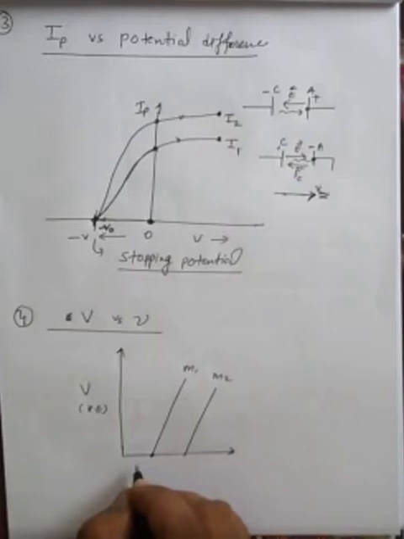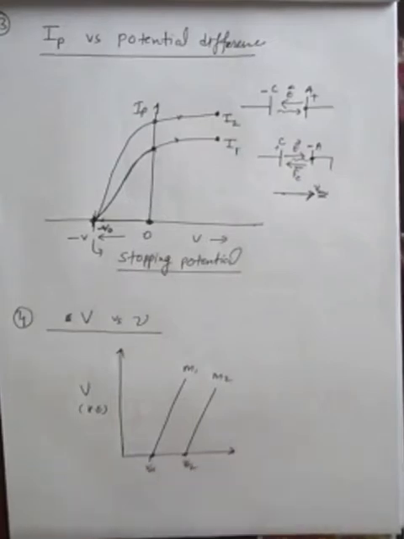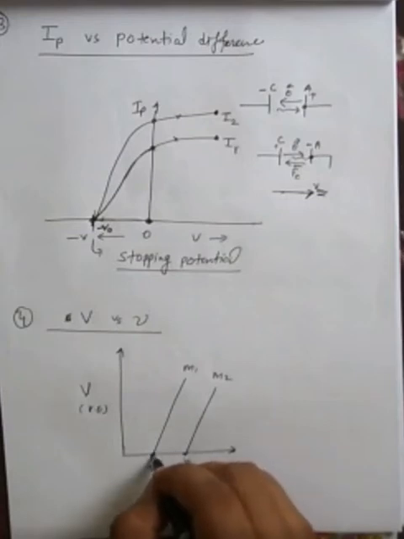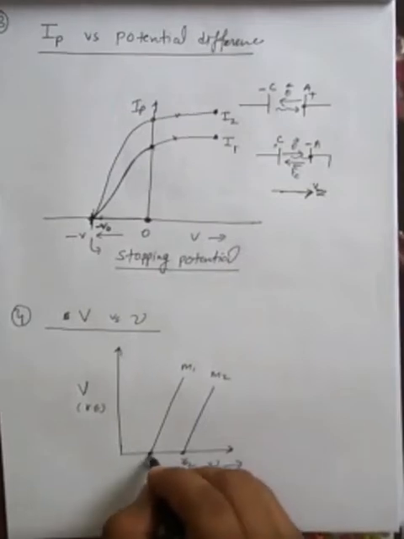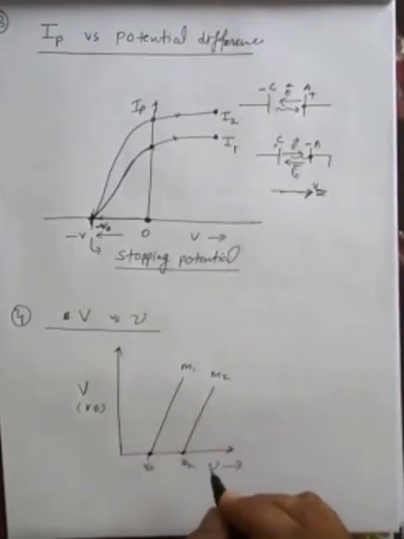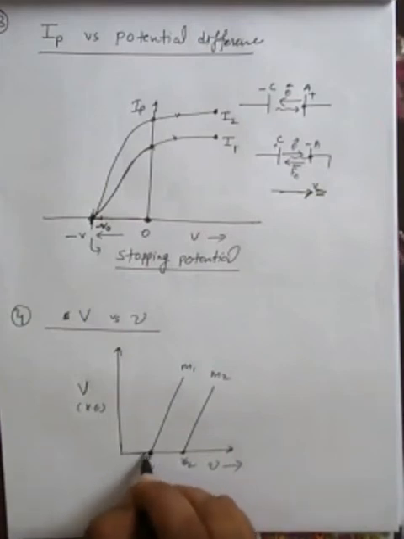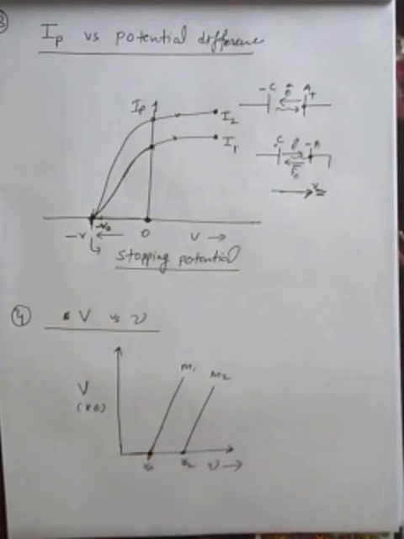They found that the stopping potential V is increasing with increasing frequency for both materials, but only after a threshold frequency. Up to here there is no stopping potential, then it increases linearly with increasing frequency of the incident radiation.